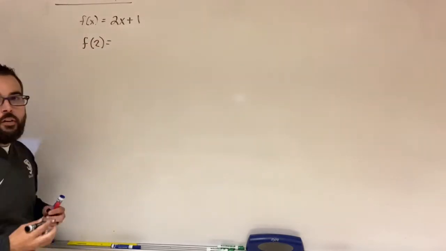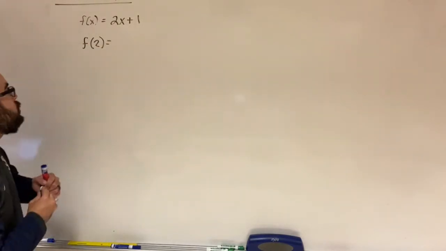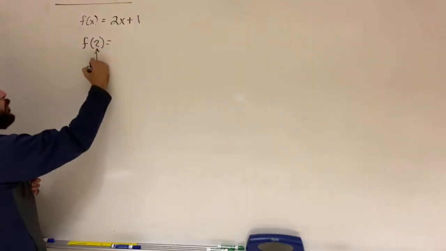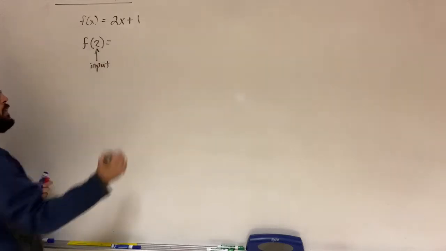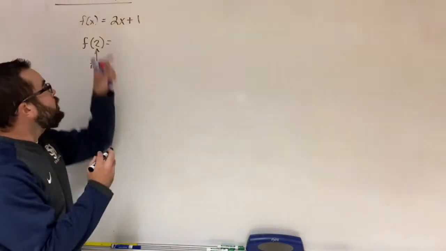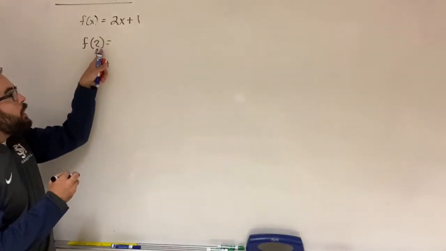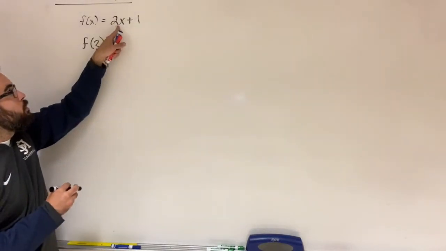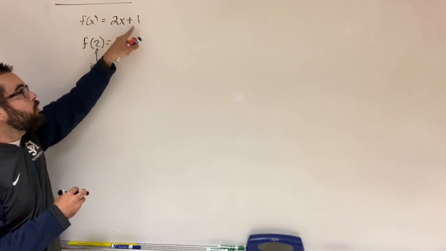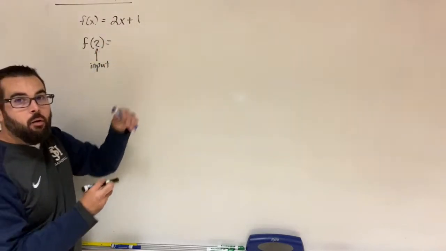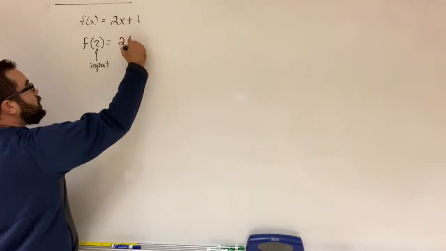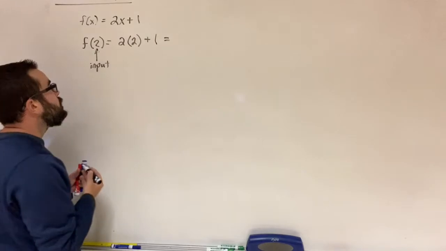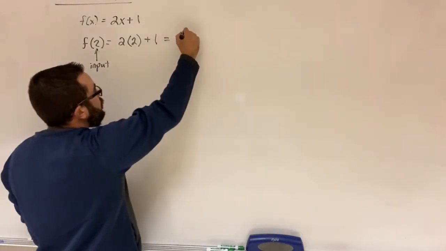So this is a good review of our function notation. f of 2 says we take a 2 and we input it into our function. So we put 2 into our function and it should spit out another number according to this rule that says we're going to take 2 times that number and then add 1 on top of it to get our output. So we have 2 times 2 plus 1, which is 5.